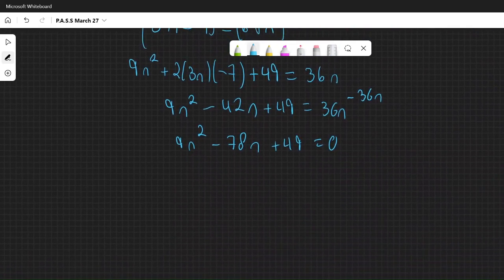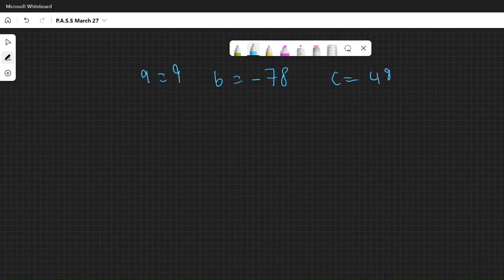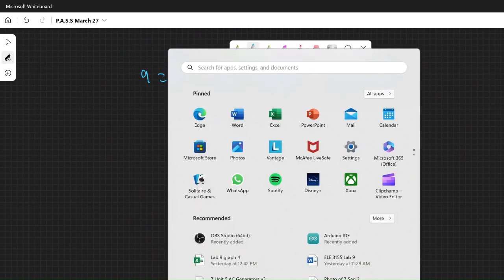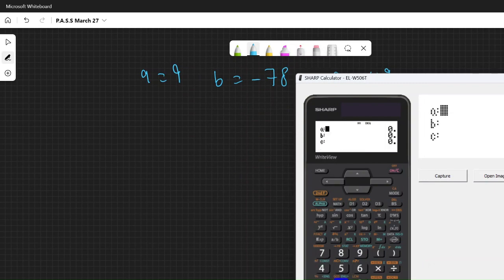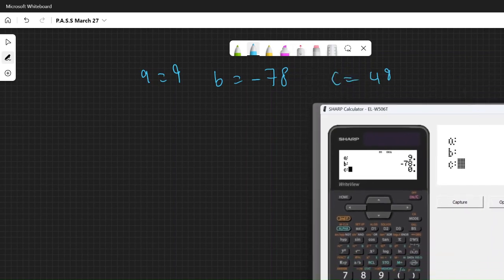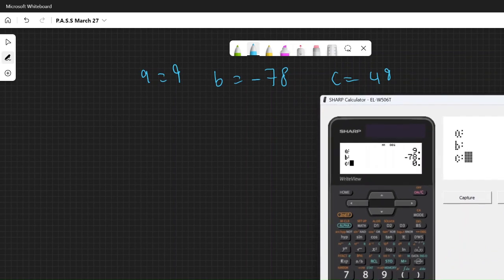And now we can put this into our calculator. So our A value is 9, B value is negative 78, and our C value equals 49.